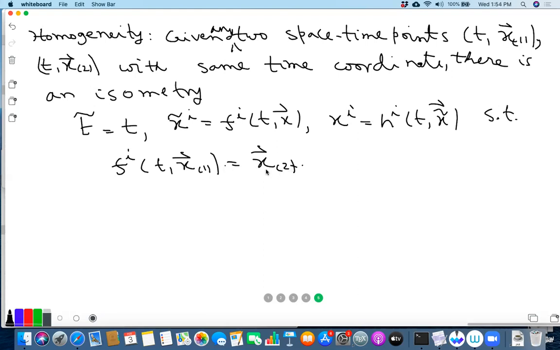So this is precisely what one would mean by saying that the space-time is homogeneous: you should have an isometry that moves you from any point on a given time slice to any other point. Is this statement clear? So this will be our definition of homogeneity.